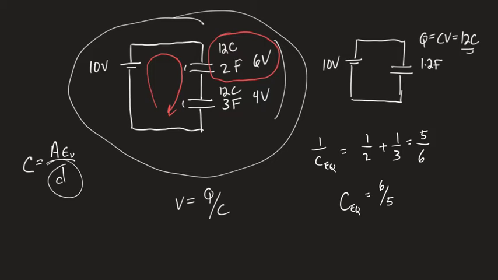They take as much of the voltage as is necessary for them to have an equal amount of charge. That probably means all sorts of stuff, like the electric field in those capacitors probably isn't the same. It's probably different in order to ensure we get the same amount of charge. How are we doing so far? All right.